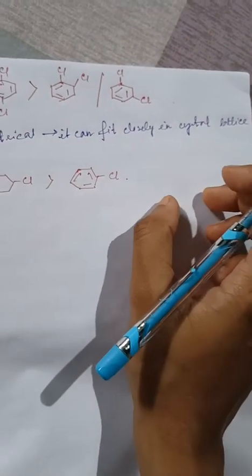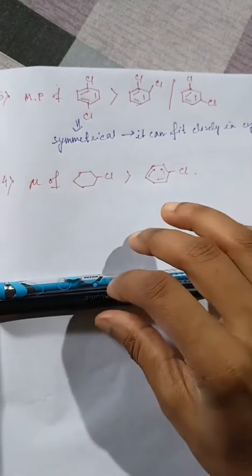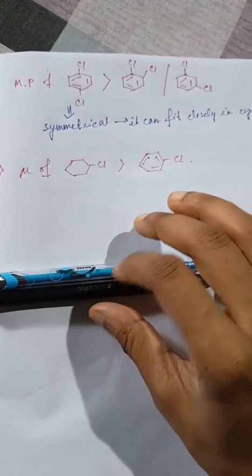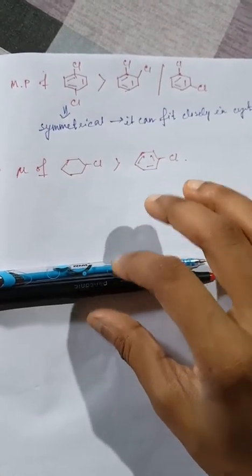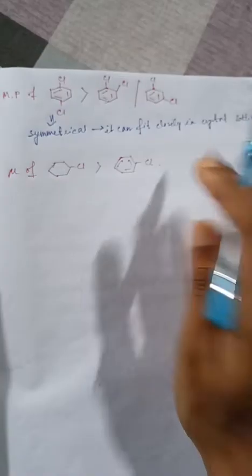Now if it can fit very closely, suppose these are symmetrical like this para isomer, they can fit like this, so there is hardly any gap or hardly any vacant spaces between them. So they can fit very closely in the crystal lattice.